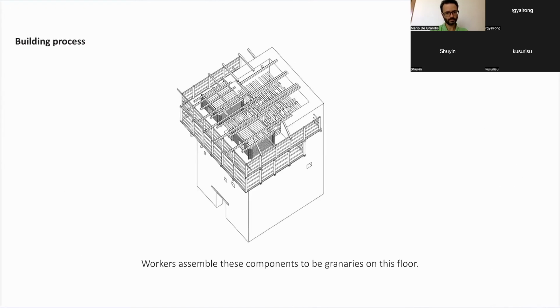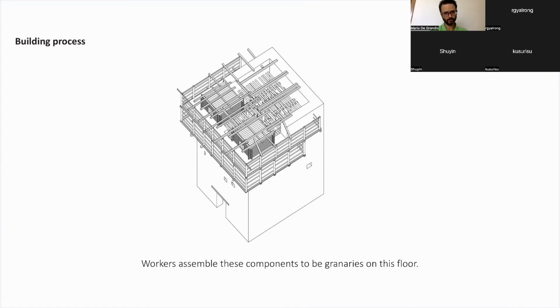And then usually this log construction should be done before the construction, on the ground floor, because it needs a flat and big place to build such a complicated log construction.